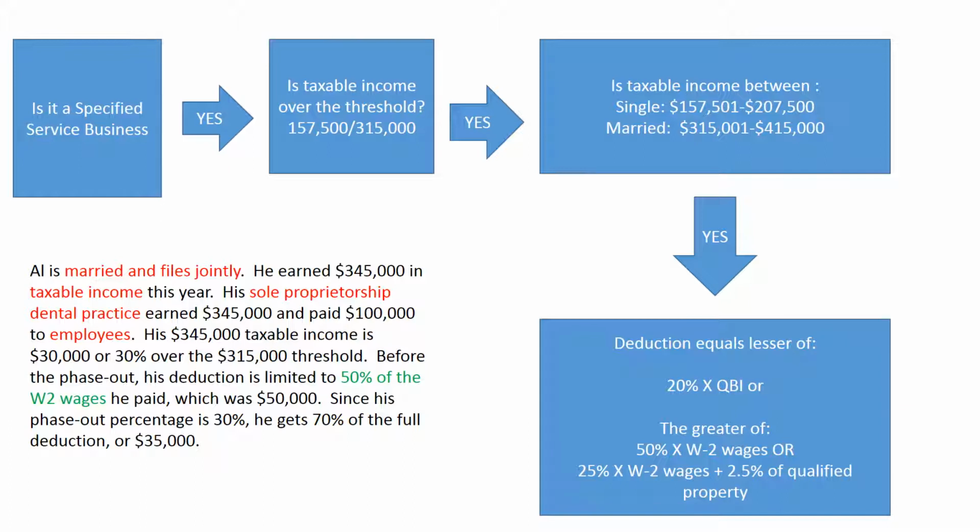Before the phase out, his deduction is limited to 50% of the W-2 wages he paid, which was $50,000. Since his phase out percentage is 30%, which is $30,000 over the range of $100,000 for married filing joint, he gets 70% of the full deduction, which is 70% times $50,000 or $35,000.